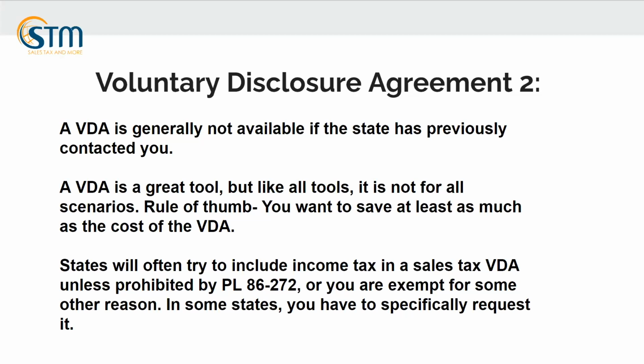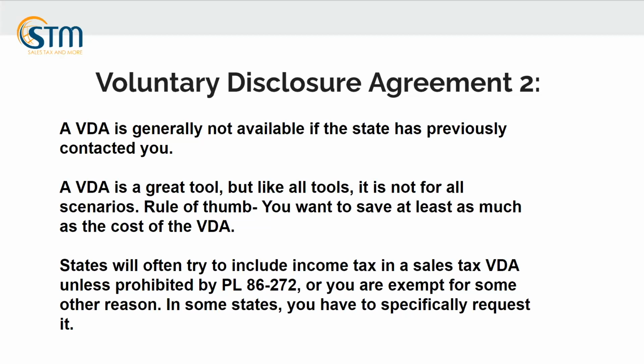And some people come from Avalara doing 40 VDAs and then find out, oh, in order to get the benefits of the VDAs, I've got to pay $3 million in back taxes or whatever that number is. So you got to know, number one, what your exposure is. And it's for people with a lot of exposure. If you have very little exposure, don't do a VDA, do a historic registration.